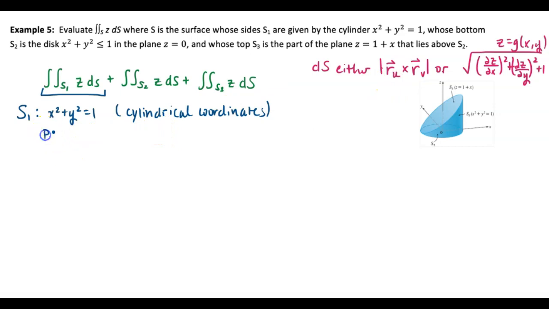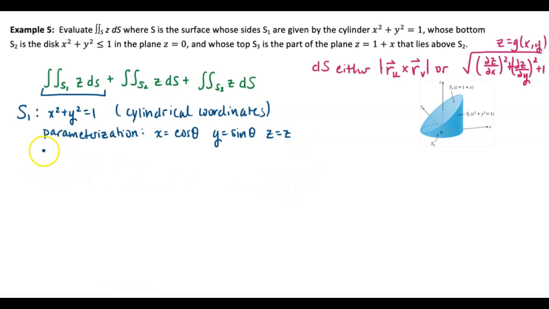And so the parametrization will give us an x that is equal to r cosine of theta, where r is 1, a y that's equal to r sine of theta, and a z that's just equal to z.